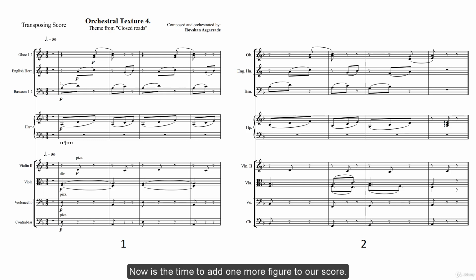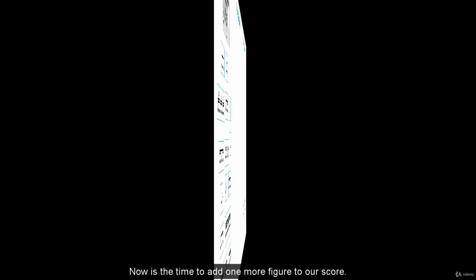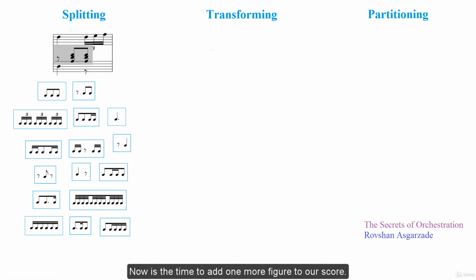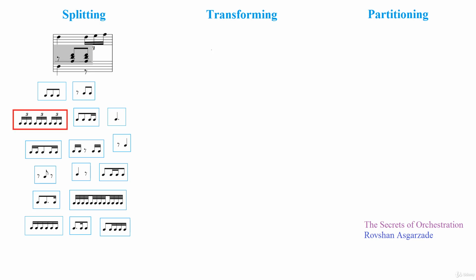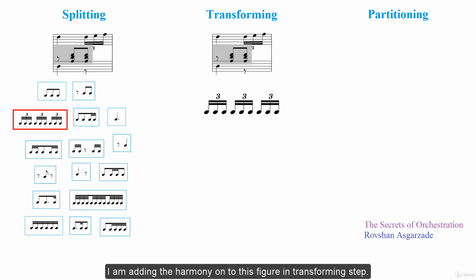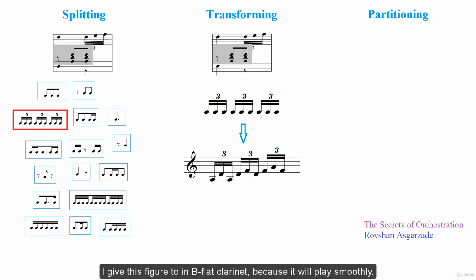Now is the time to add one more figure to our score. Okay, let's do it. I need a little drive for the score. Therefore, I'm choosing 3/16 triplets. I'm adding the harmony onto this figure in the transforming step. I give this figure to B flat clarinet because it will play smoothly.